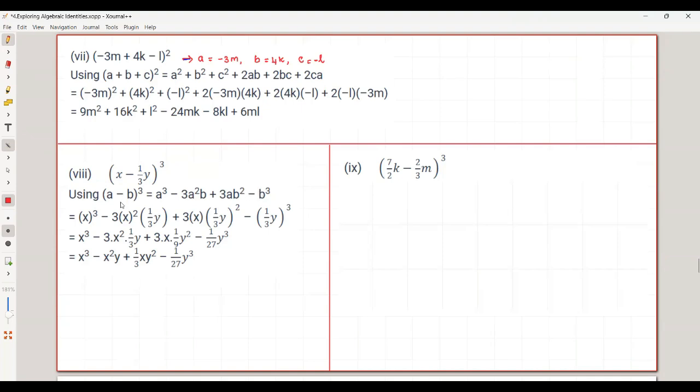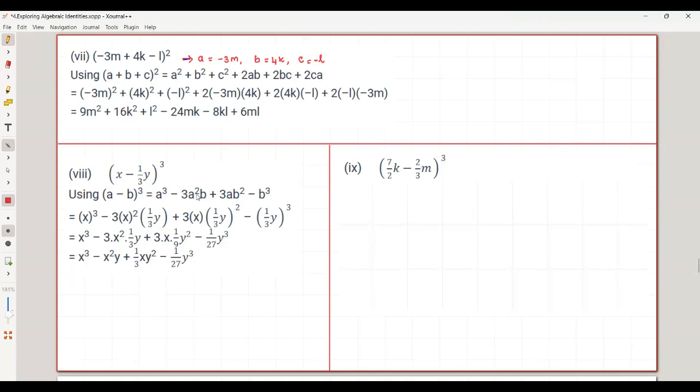How can we remember this formula? The power of a is decreasing and the power of b is increasing, and the signs take alternate sides: plus, minus, plus, minus. The power of a decreases: a power 3, a power 2, a power 1, then no a.